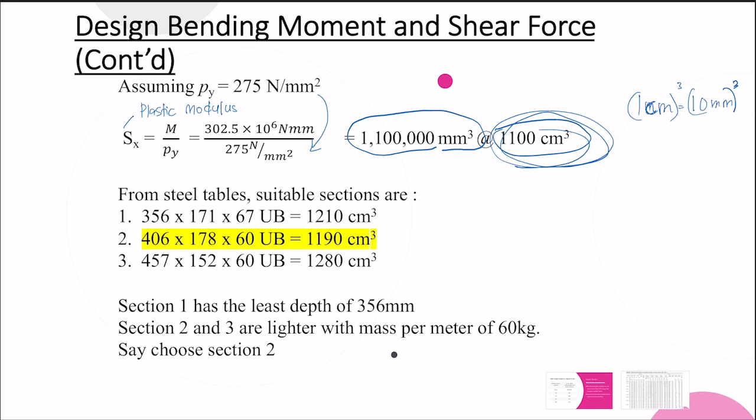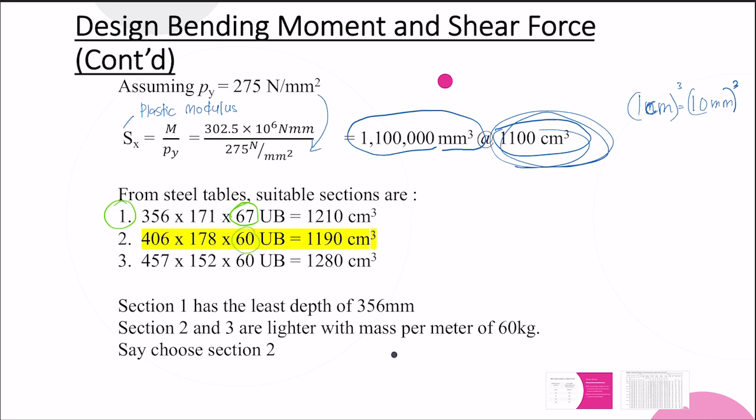For example, section 1 has the least depth of 356, meaning that if you need more headroom, you want the seating to be higher, okay, perhaps you can choose section number 1. Okay, however, section number 1 is heavier compared to the other 2 sections. Although 406 by 178 is taller, okay, however, it is lighter.